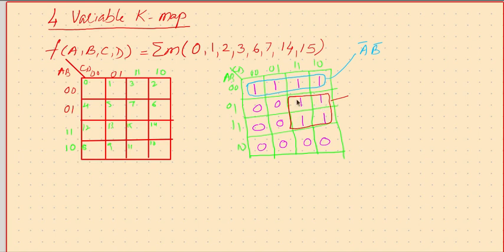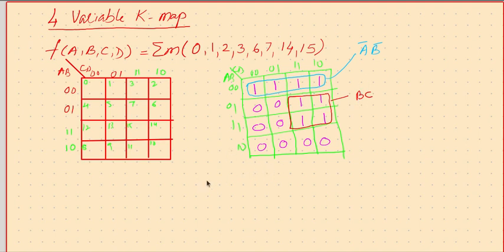So what is common in this quad? As far as rows are concerned, A is changing in these two rows, B is common, so this is B, and for columns, C is same, D is changing.